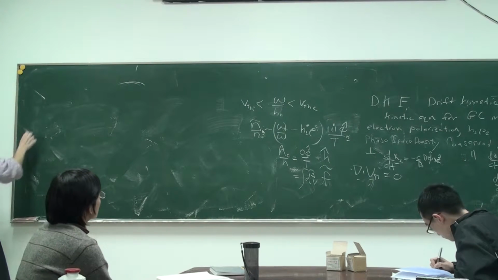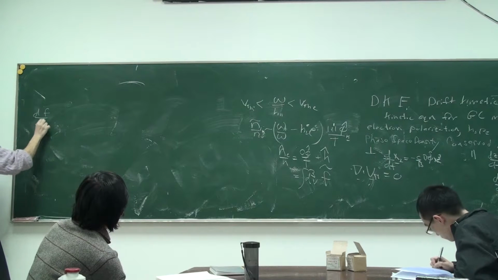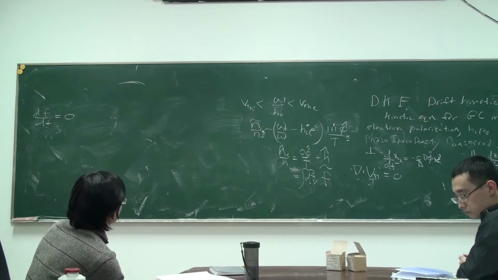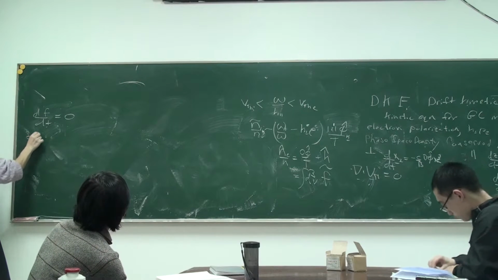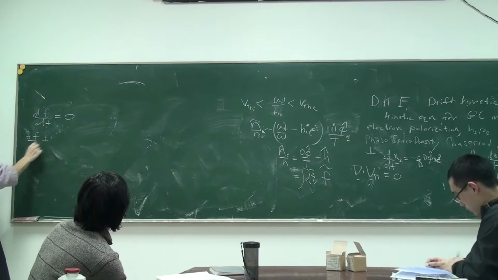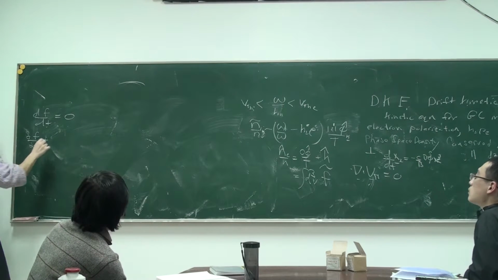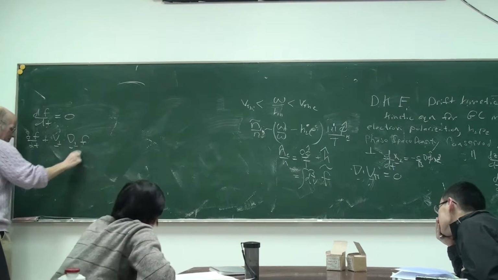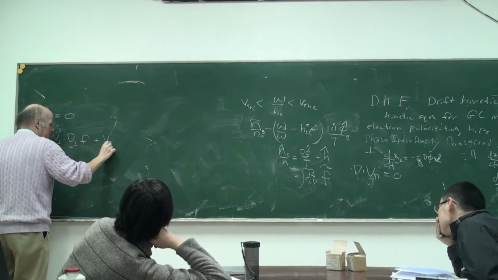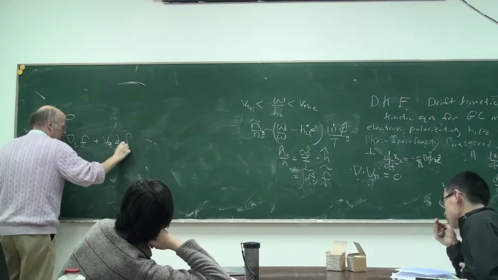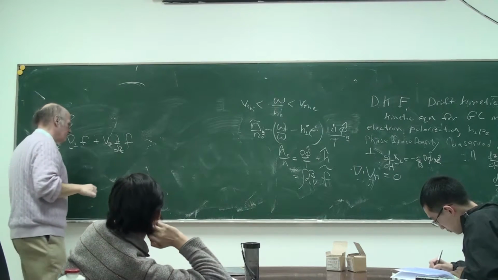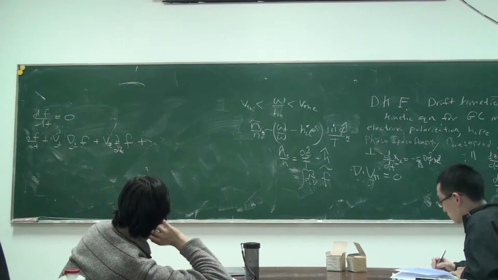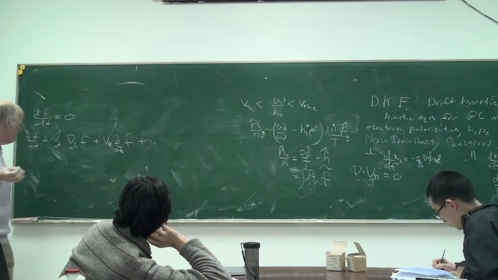So anyway, you would write df/dt is equal to 0, if we're not worried about collisions. So this would be d by dt of f plus v perp dot grad perp f plus vz d by dz of f. And then the nice thing is, we neglect the polarization, so there's no perpendicular acceleration.